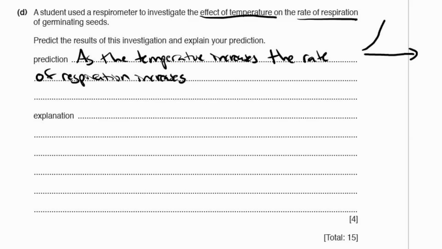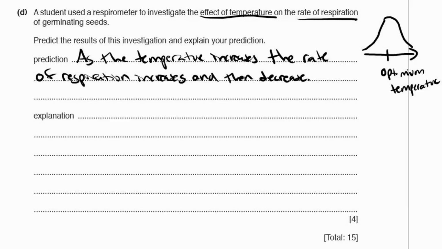So as the temperature increases, the rate of respiration increases until it reaches a particular number called the optimum temperature. And I'm pretty sure you can figure out where that came from. And then it will decrease. Because you can't just say it will increase, because if you keep increasing the temperature, it won't just continually increase. Eventually, you'll reach the optimum temperature and the rate of respiration will start going down.